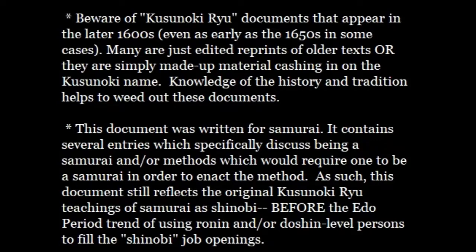This is important because, remember from the previous video, while the official job of shinobi became a doshin ashigaru level job in the 1600s, the Kusunoki Ryu tradition did not teach that shinobi would come from doshin or ashigaru level. In the Kusunoki Ryu tradition, the mainline tradition, the shinobi is always a samurai. And this document still addresses the shinobi as a samurai. So it even further connects to the Kusunoki mainline traditions.